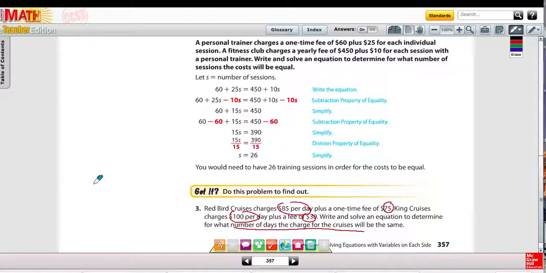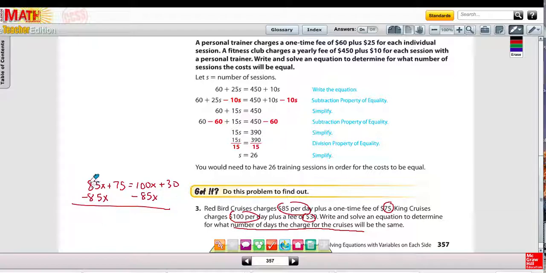So we have $85 per day x, 85x, plus 75 is equal to $100 a day, 100x, plus 30. Okay, I can either subtract 100x from both sides or subtract 85x. I'm going to subtract 85x because I'm dealing with positive numbers then.